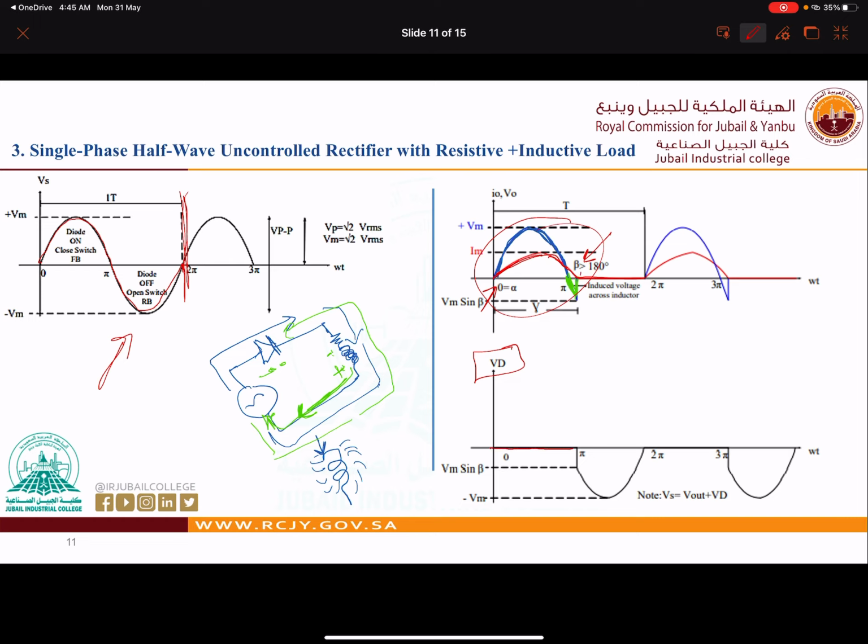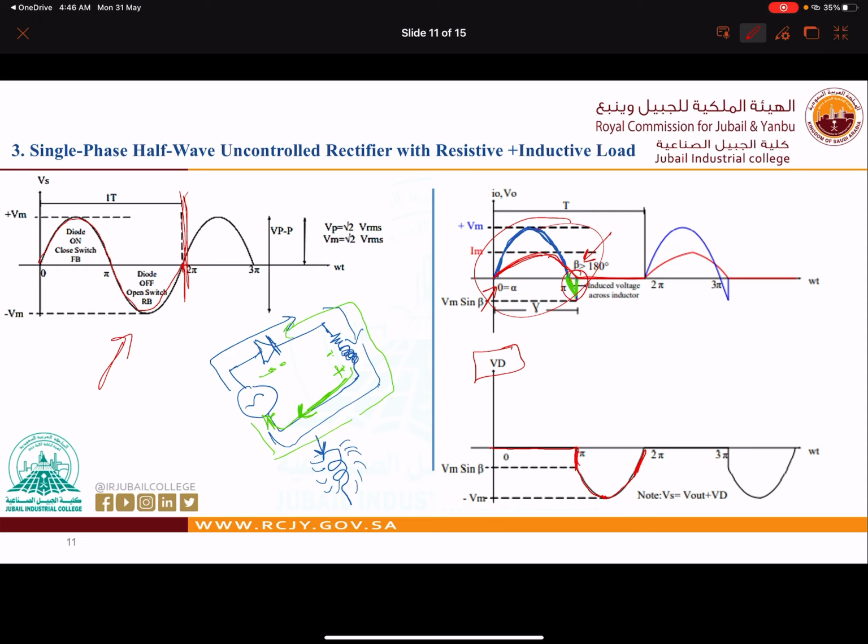Then because of this negative portion here, we will have the remaining of the supply voltage, and it will be like this. We can draw the peak, and it will go to 0. Okay, this is for the diode.